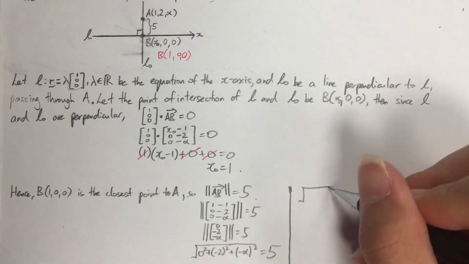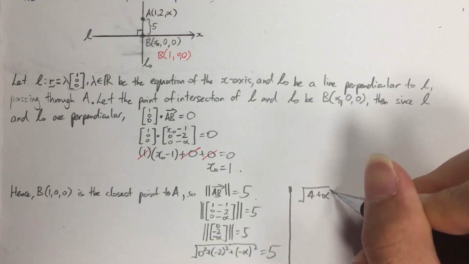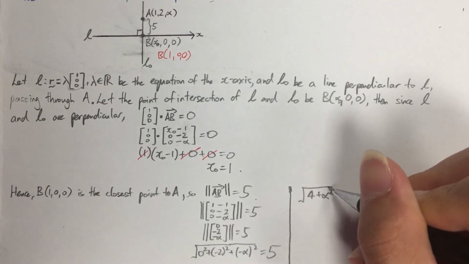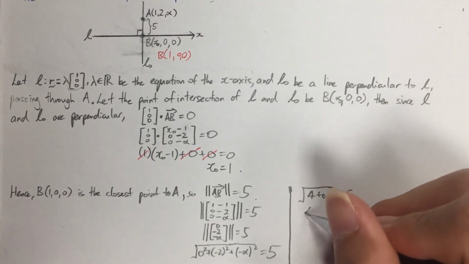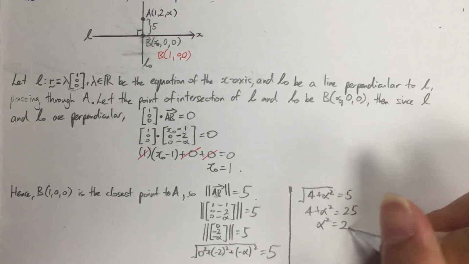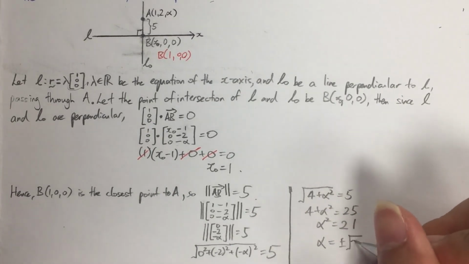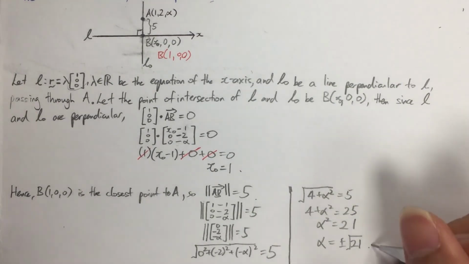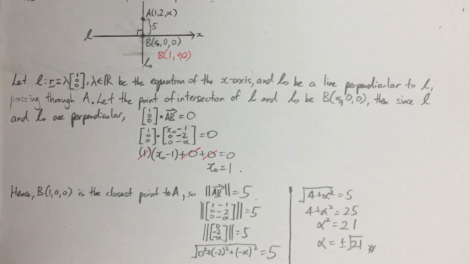This is just the square root of 4 plus alpha squared, which equals 5. Then we square both sides: 4 plus alpha squared equals 25, so alpha squared equals 21, meaning that alpha is plus or minus square root of 21. And that's it, 2 values of alpha, as we hypothesized in the beginning. One of them is plus square root of 21, and the other one is negative square root of 21.